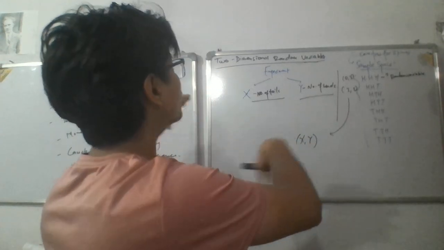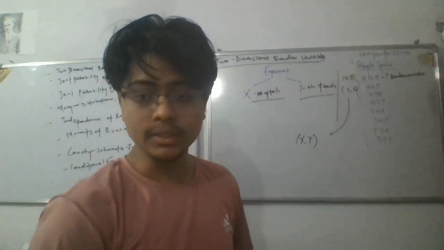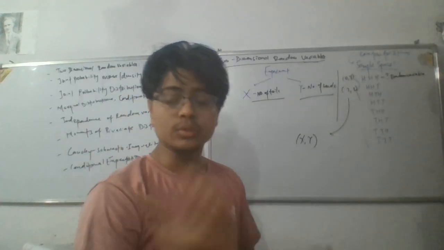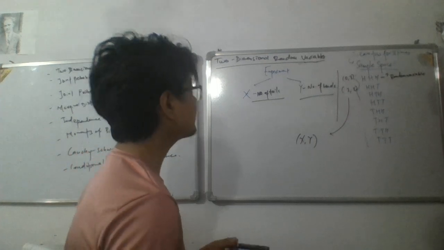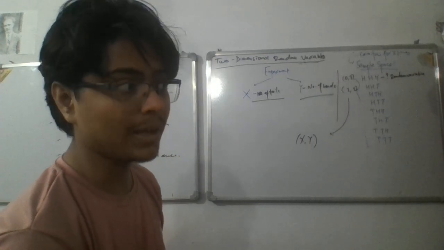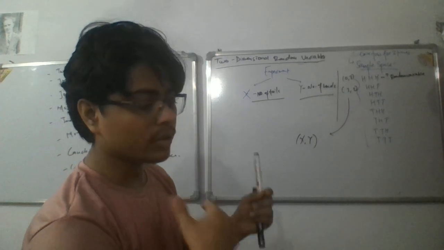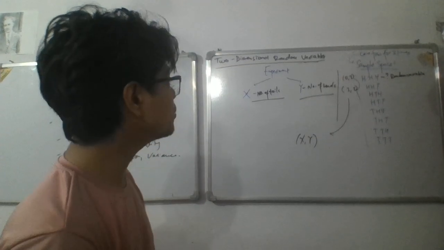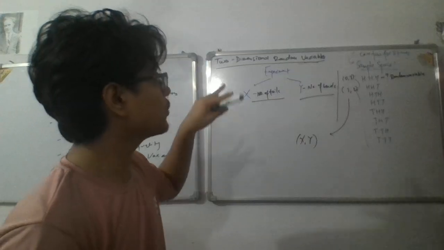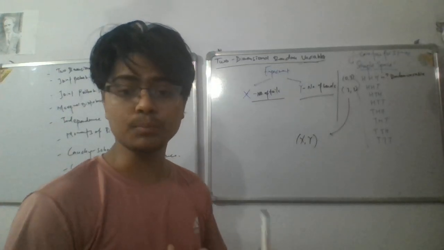So this is what a two-dimensional random variable is. To summarize the overall idea, if we have an experiment where we have two kinds of variates, then we can use a two-dimensional variable to account for both.